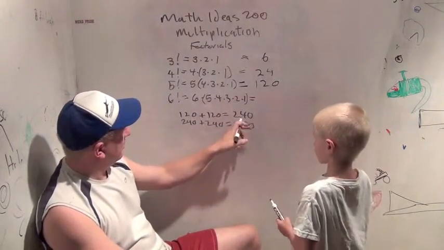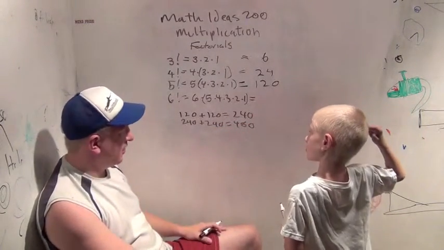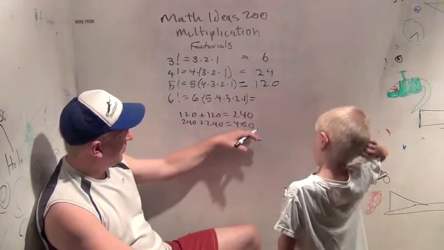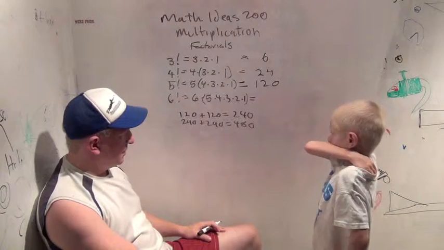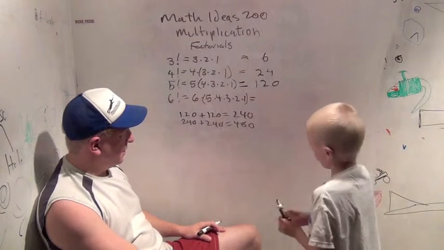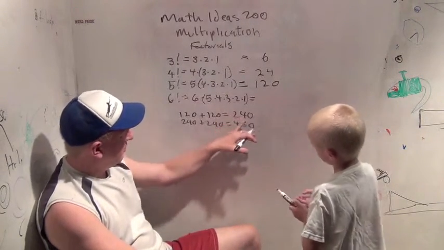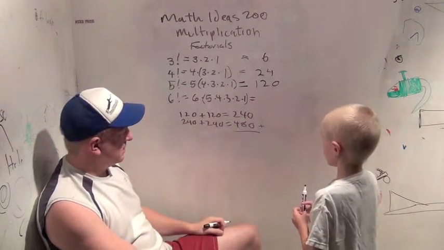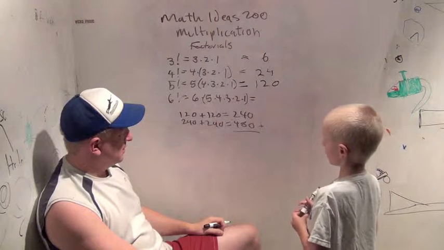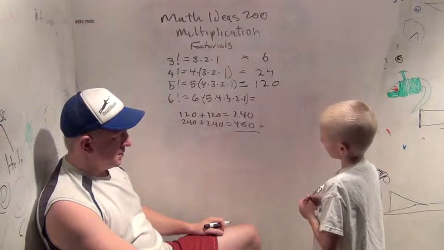So this is 120 times 2, this is 120 times 4. So how much more do we have to get to do 120 times 6? We have 4. Just need to do 2 more, so it's 240 plus 480.